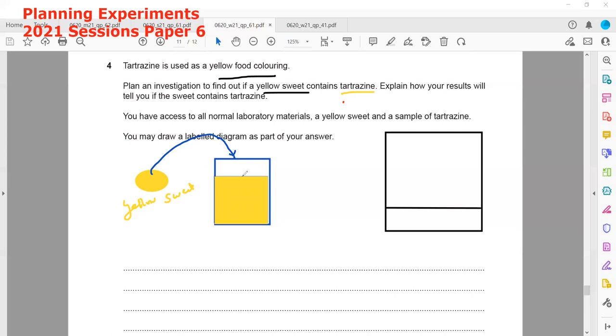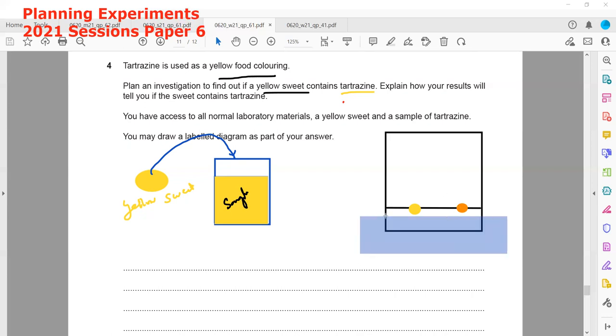Then using a dropper, we take the sample out and place a sample of the yellow sweet and a sample of tartrazine. After that, we'll use a suitable solvent; because they did not mention it is insoluble in water, you can use water as a solvent.